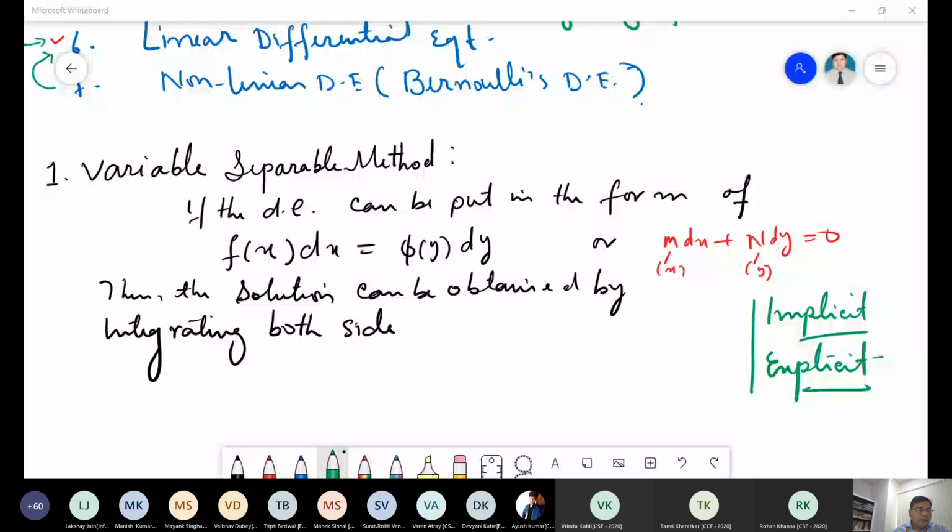So directly we can integrate both sides separately.